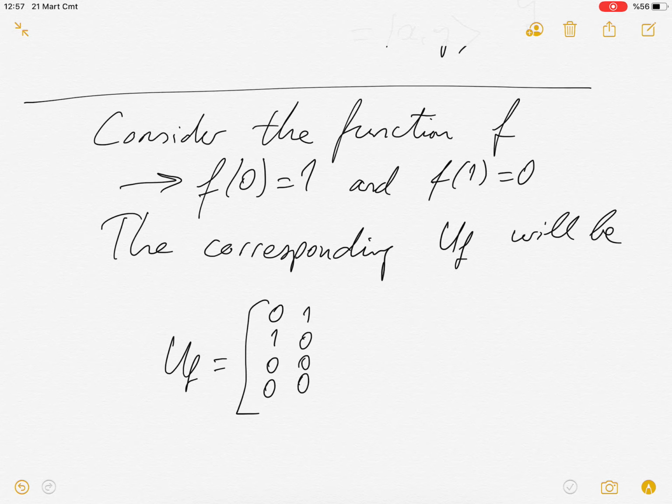The third column will be 0, 0, 1, 0. The fourth column will be 0, 0, 0, 1. If we give 1,1 as an input, the output will be the same.